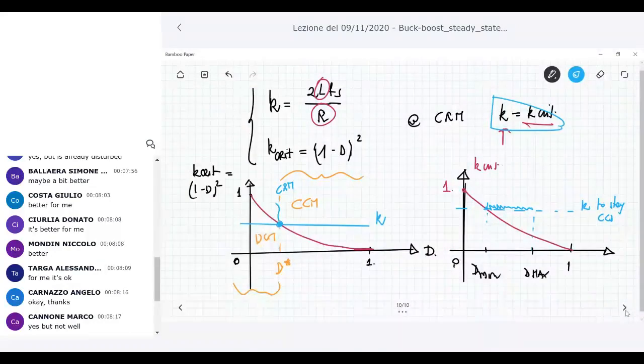If you want to operate in DCM, then you have to be sure that your K is this one to stay in DCM, because in that situation you are always considering operating points that are lower than K critical. That means you have always DCM operating mode.